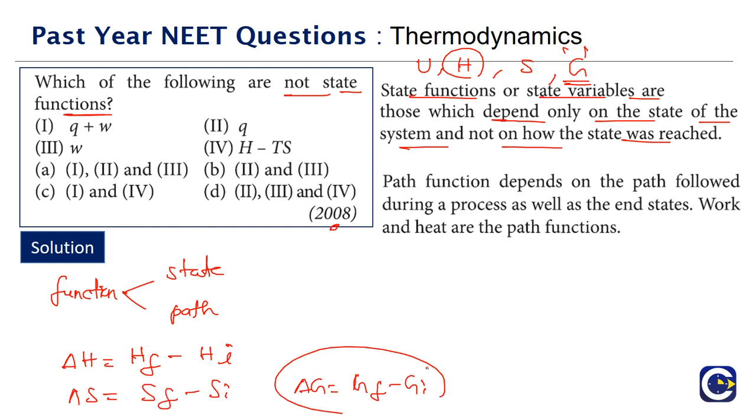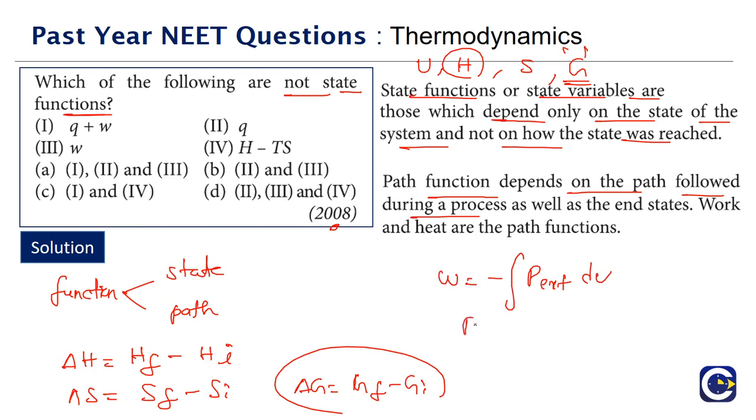Now the path functions, on the other hand, are those functions which depend on the path followed during a process. Take work. The general expression for the work is W equal to minus integral P external dV.